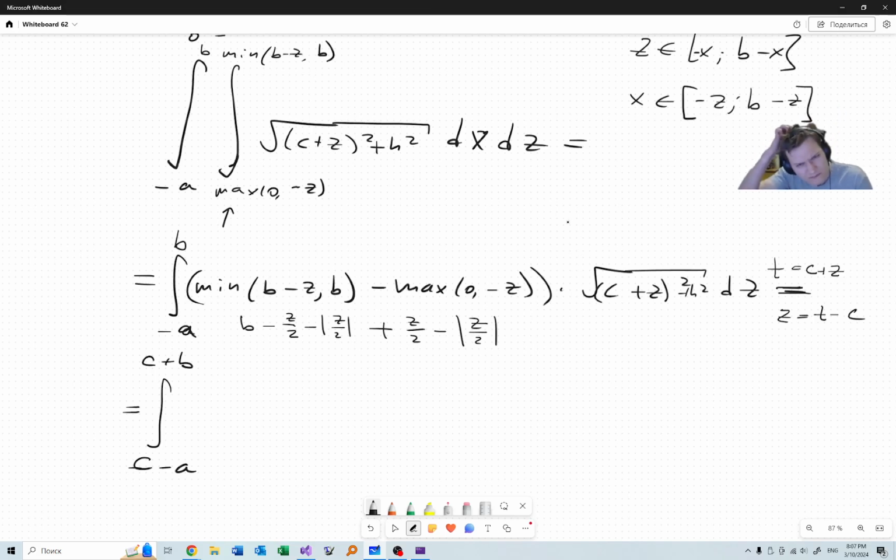Yeah, so if z is positive, it is 0, and if z is negative, it is z. So this is b minus modulus z.